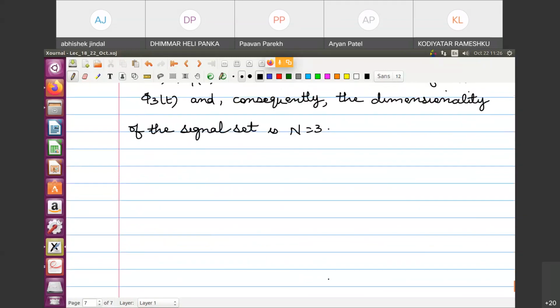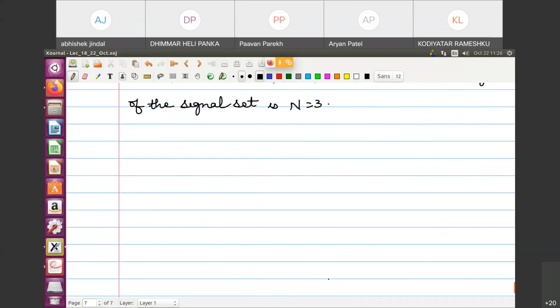Okay, so if I now try drawing all the phi's, let me just draw it. And at that point, we can close the session for today. This is 0 and this is 2. So this would be like this. This is 1 by root 2.